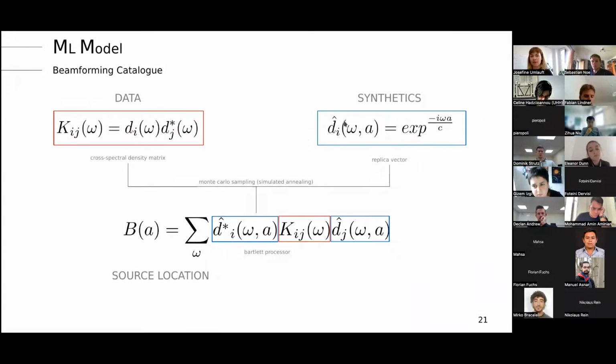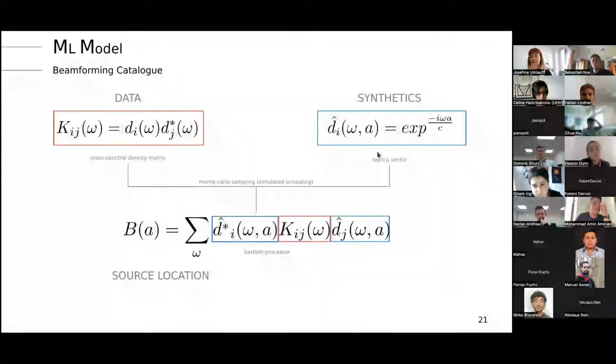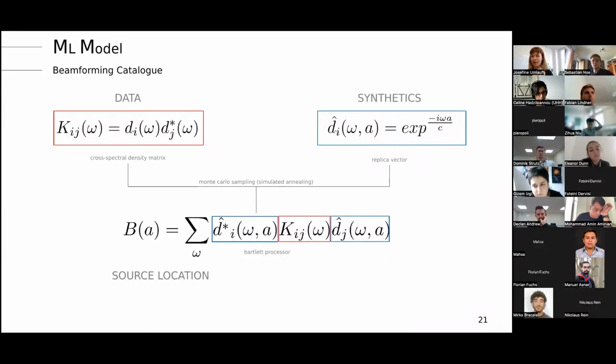So we have also a spectrum from a simple phase term, which is dependent on the frequency and on a distance between a candidate source position and the receiver. So candidate source position is not like the real source position, because that's what we're actually going to find out, where that source location is.